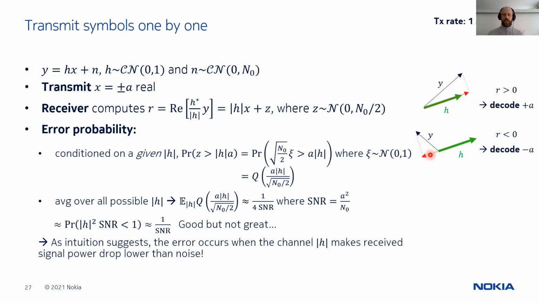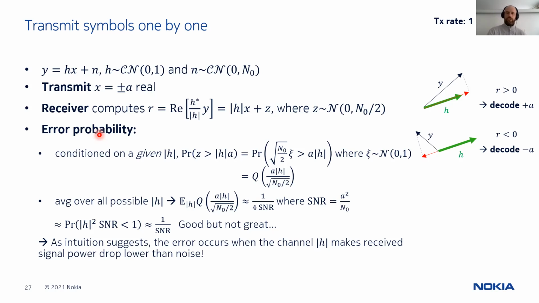Okay. And then let's compute the error. This is the simplest thing you can possibly do. So let's compute this error probability. What is error probability? It's the probability that you don't decode the symbol that has been actually transmitted.